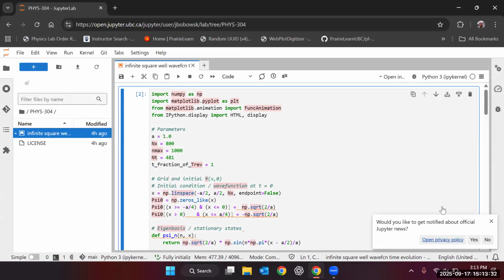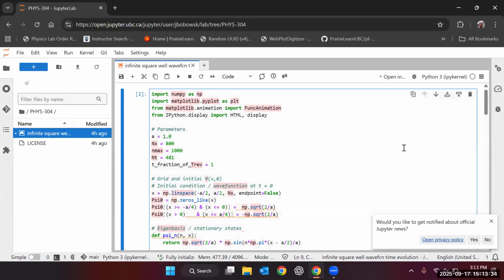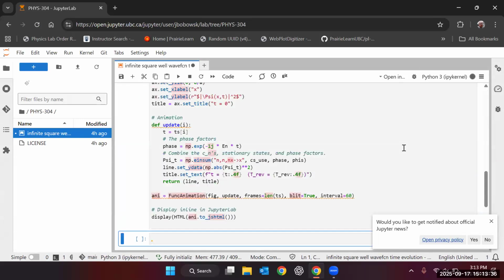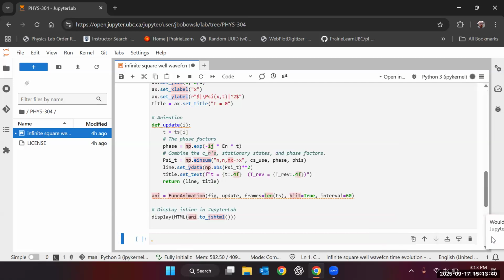I won't bother showing you all the code. This takes about 45 seconds to run, and it's going to make a little video that we can watch. The reason it takes so long is that it has to calculate the wave function at 800 points of x for many different times, and then we'll watch the time evolution of this probability density.